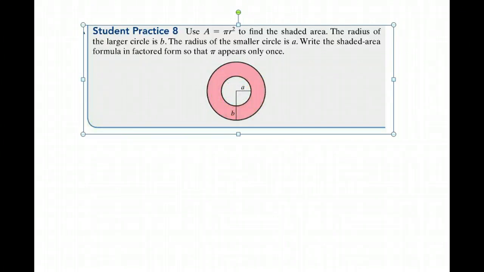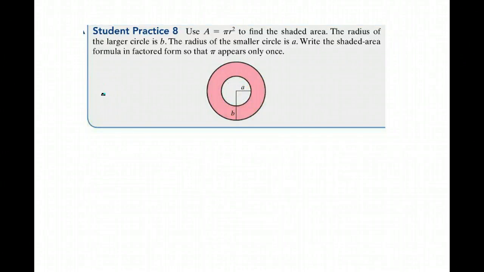You can find the area of that whole pink circle and then subtract out the part that's grayed out to remove it. Kind of like a donut, if you think about that. Find the area of the whole donut and then find the area of just the hole in the donut. Think about that for a minute.